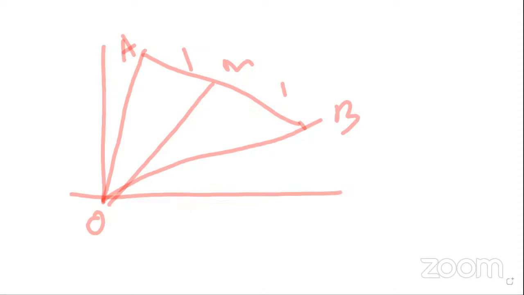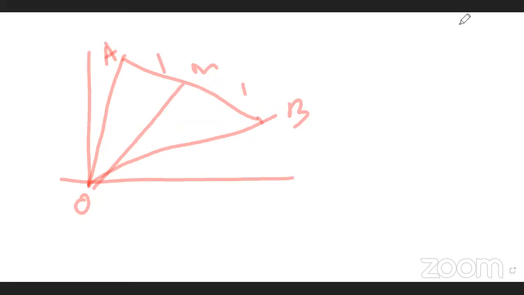We needed to move from O to A, then A to M. And A to M is a fraction of AB, and the fraction we've noted is a half, because the ratio there is 1:1. If it's 1:1, then M divides AB into 2 halves. That is a half of AB. So O to A, then A to M.